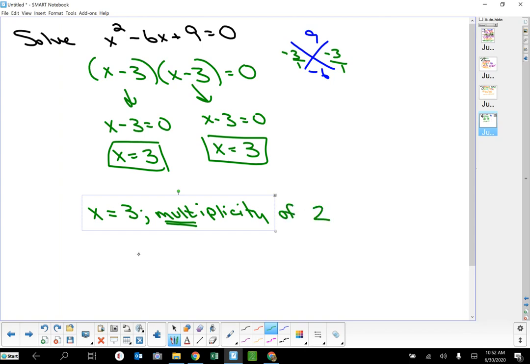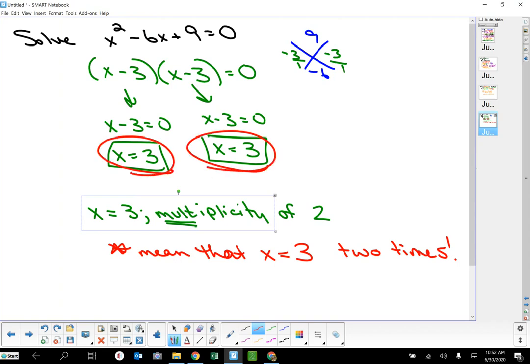And that means that x equals 3 2 times. Okay, and you can see that that is exactly what happens here. So that's what a multiplicity means. Remember, we're going to be asked to start here in the next section, move the 3 over and get to here, and then multiply and get to our equation in standard form, which has to be equal to 0.